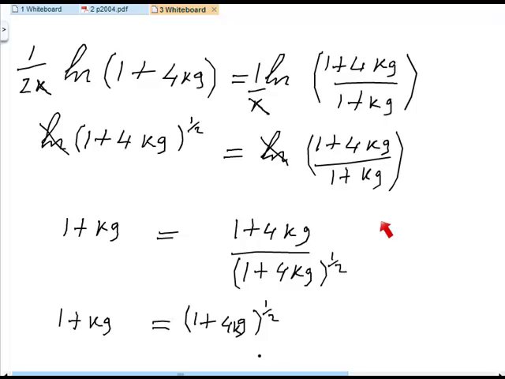Standard way of getting rid of roots in algebra is to square both sides. On this side you get 1 plus k squared g squared plus 2kg, and on this side you get 1 plus 4kg.